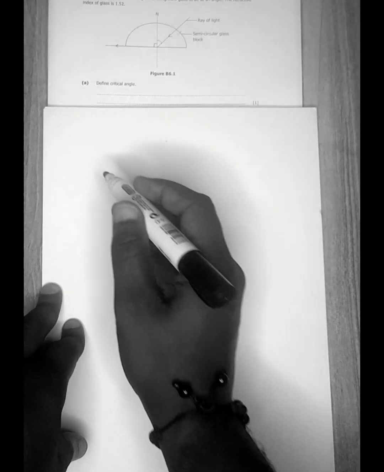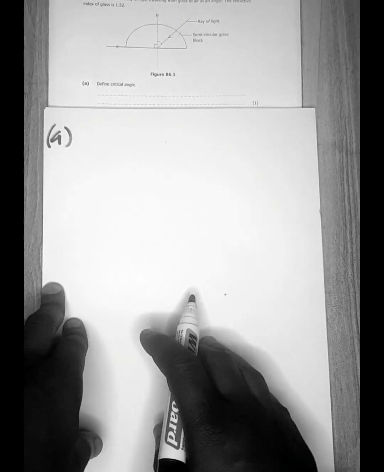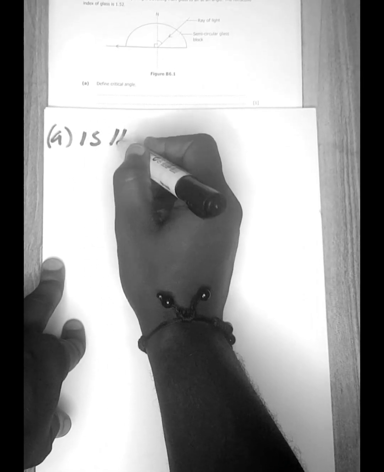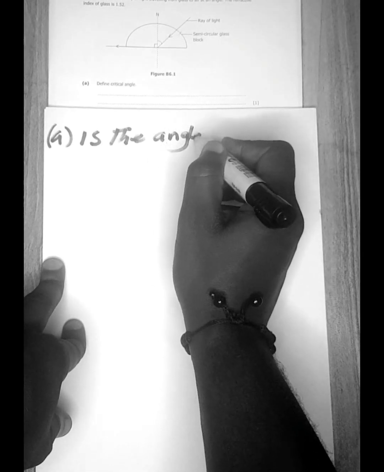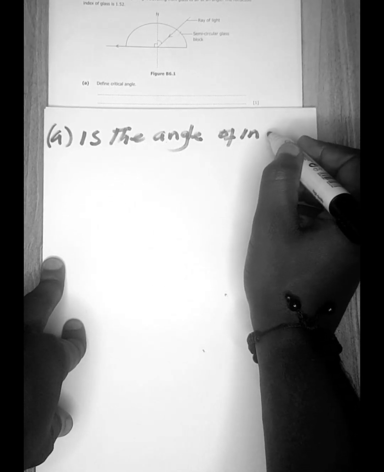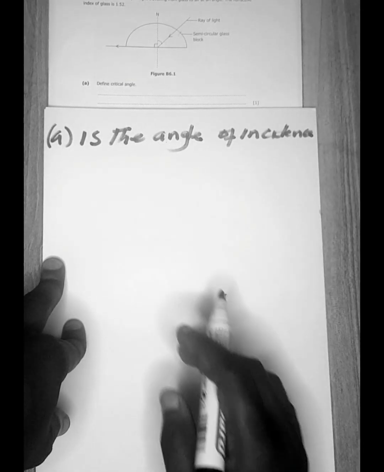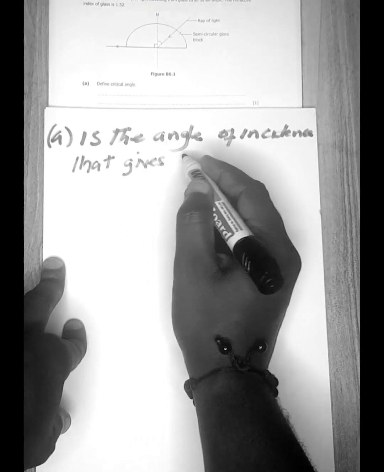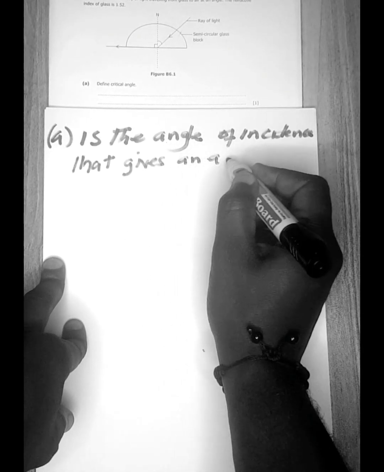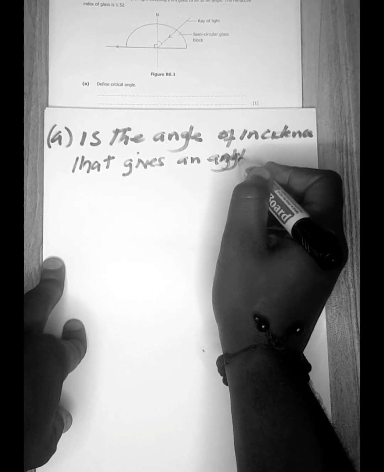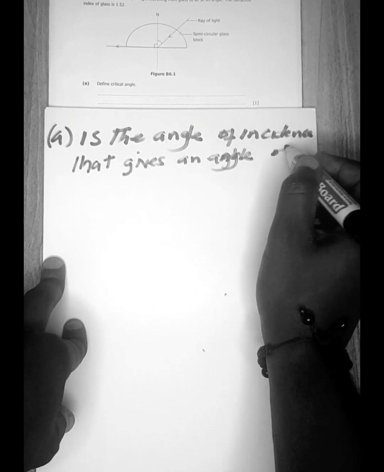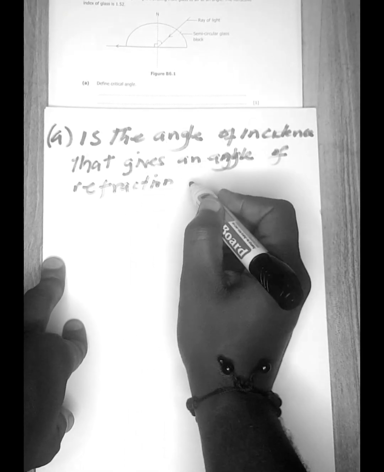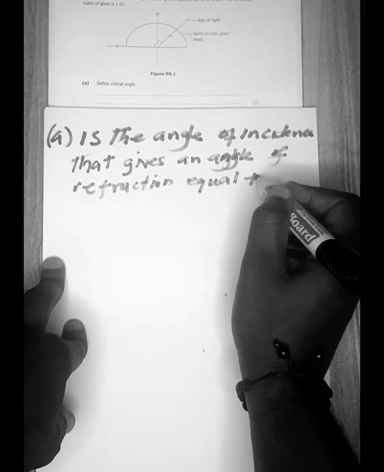A critical angle is the angle of incidence that gives an angle of refraction equal to 90 degrees.